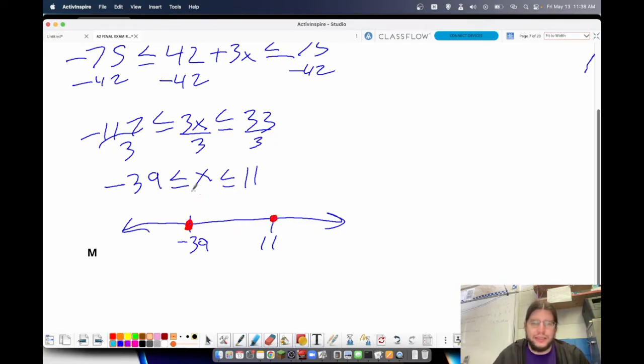And x is sandwiched between them, so we shade between them. That is our answer there. In interval notation, we're going to use a bracket: negative 39 to 11, close our bracket.